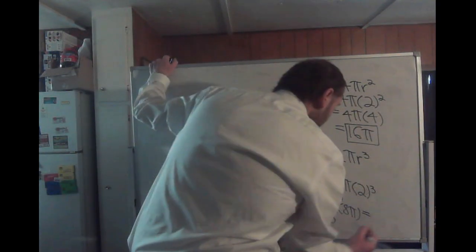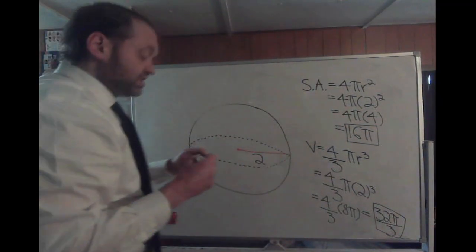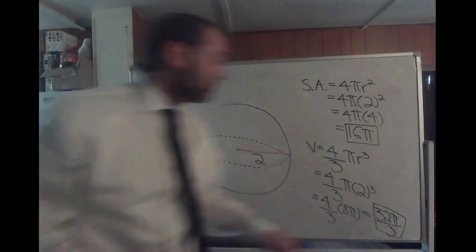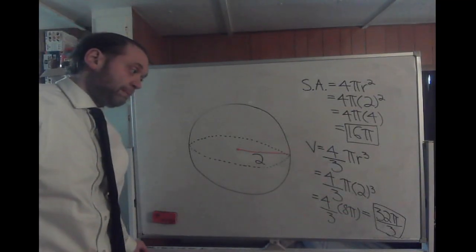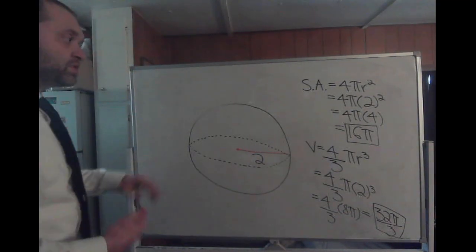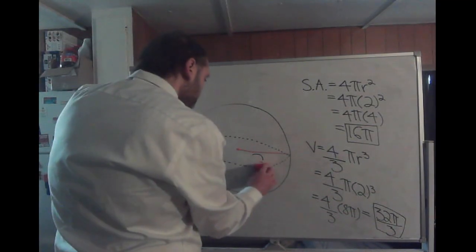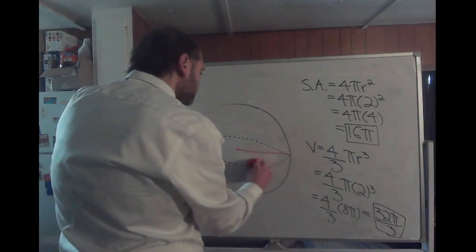So you'll end up getting a volume of 32 pi over 3 cubic units. As you see, spheres are relatively straightforward.